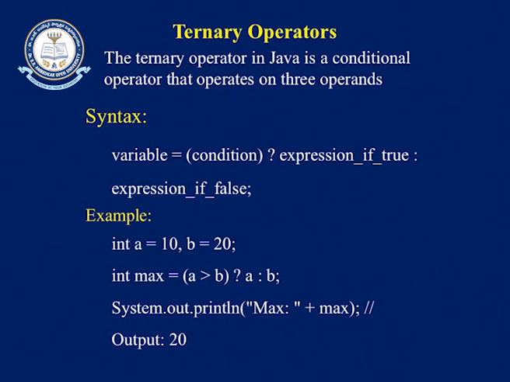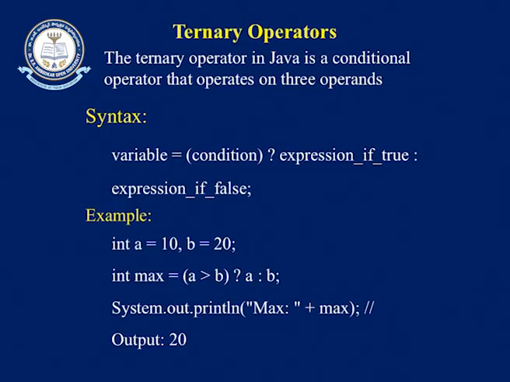If not, it should return b. This is how a conditional or ternary operator is written. In this case, the value of a is less than 20, so the condition fails and the value of b will be displayed. That is why you got the output 20.